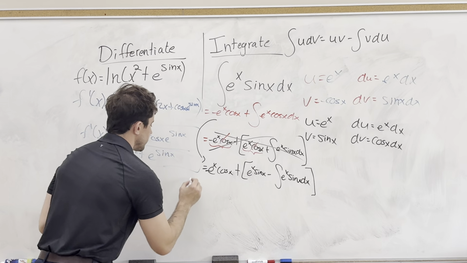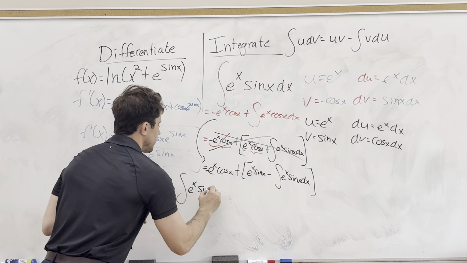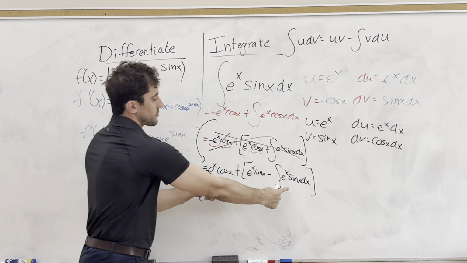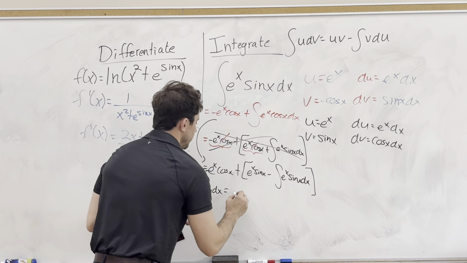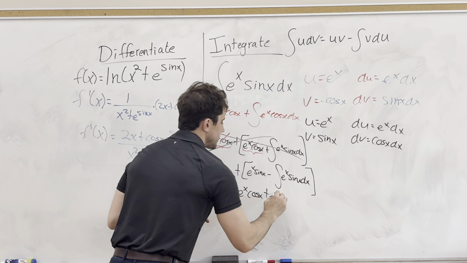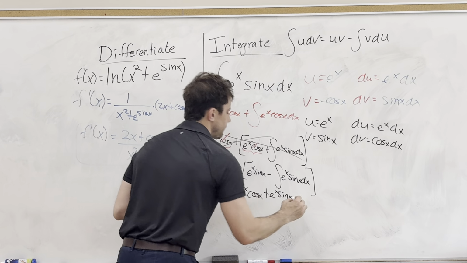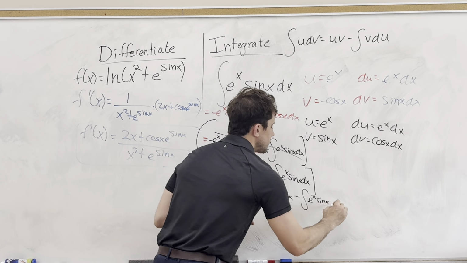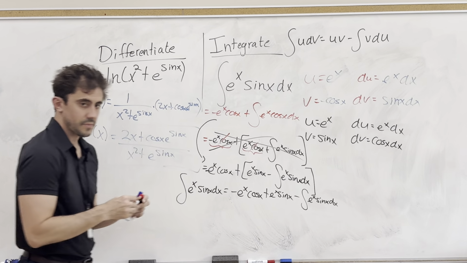So I'm going to write it on the left-hand side. The integral of e to the x sine x dx is equal to this right-hand side. Okay, so we'll have negative e to the x cos x plus e to the x sine x minus, once more, the integral of e to the x sine x dx, okay?